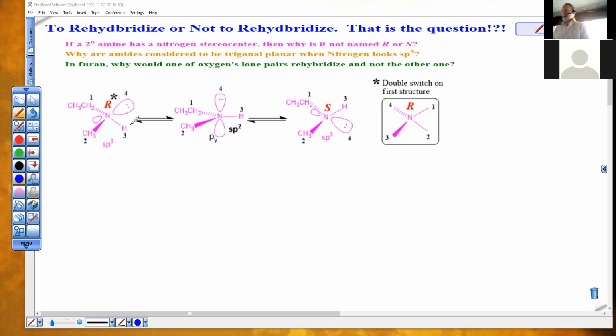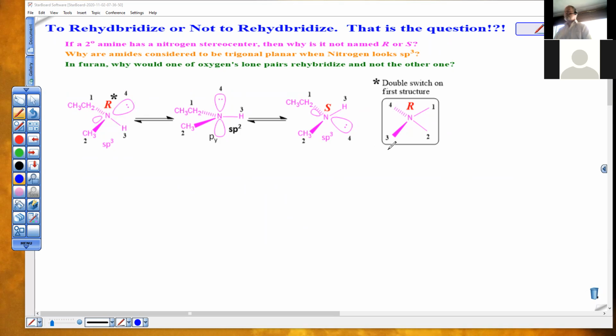The number 4 is not on a dash, so I did a double switch. I just used a stick to represent the direction of the lone pair. And I switched the 4 with the 1 to get the 4 on a dash. And that's an R stereocenter when I switched the 2 and the 3 as well. So we never talked about stereocenters on nitrogens before for a good reason.